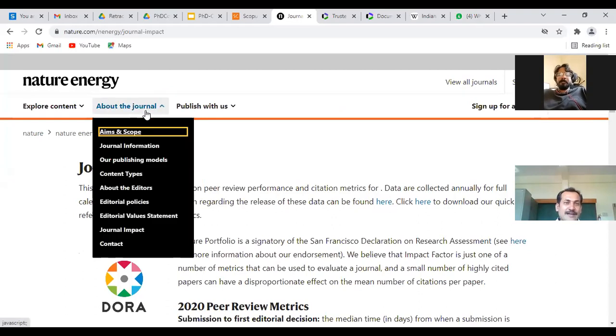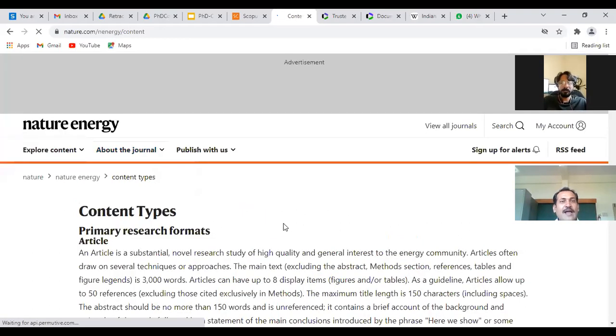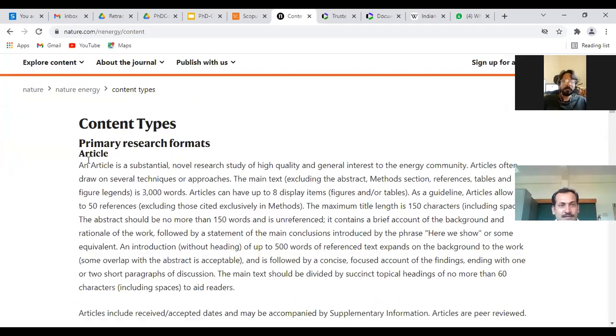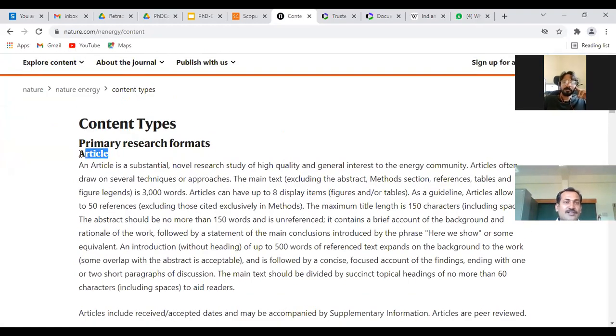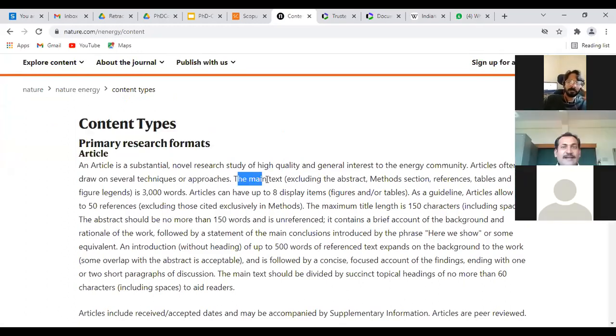We can also go to the content type, if you want to see what type of contents are available, then we can click out here and we will be diverted to this page where we will see what type of research is published in which form. We can publish the research article. Now there should be the main text, and excluding main text, it should be within the 300 words.